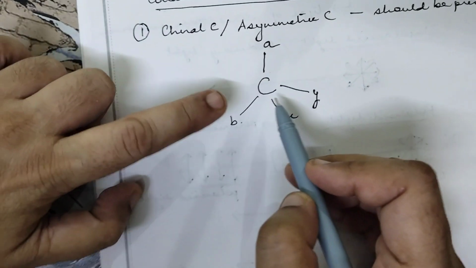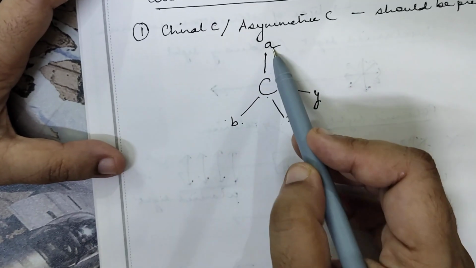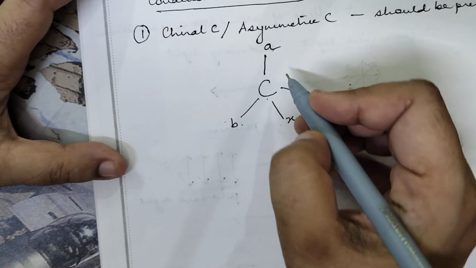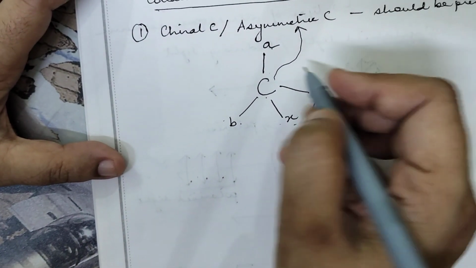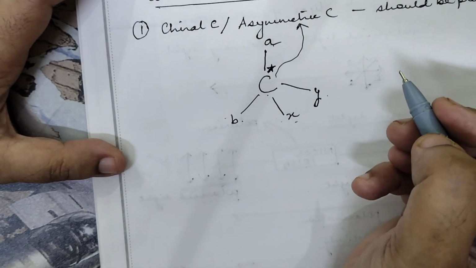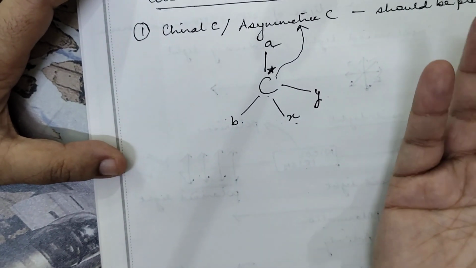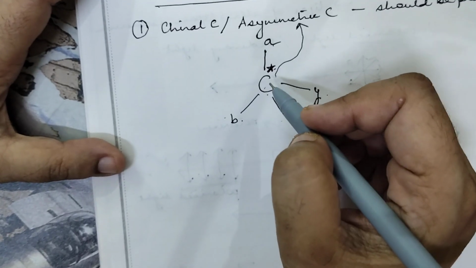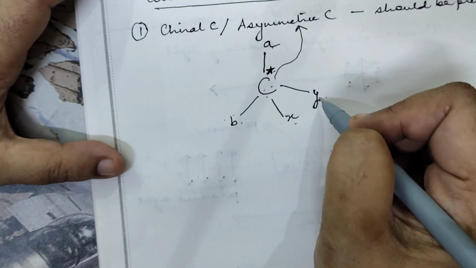Now the condition is that this carbon should be attached to 4 different groups, A, B, X, Y. They all are different groups. Then this carbon will be called chiral carbon or asymmetric carbon, and we generally put a star, an asterisk sign, over it to show that it is chiral. So whenever in any structure you find a star over a carbon, that means this carbon is a chiral carbon, that is, it is attached to 4 different groups.